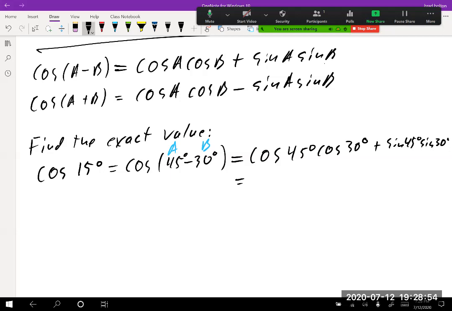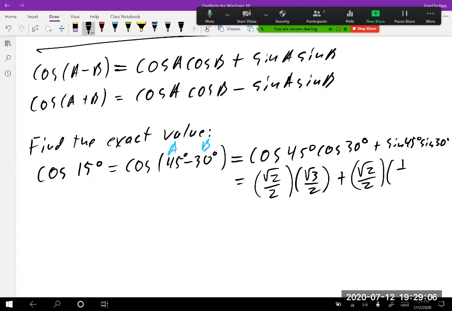That's not so bad because the cosine of 45 is square root 2 over 2, the cosine of 30 is square root 3 over 2, plus the sine of 45 is square root 2 over 2, and the sine of 30 is 1/2.